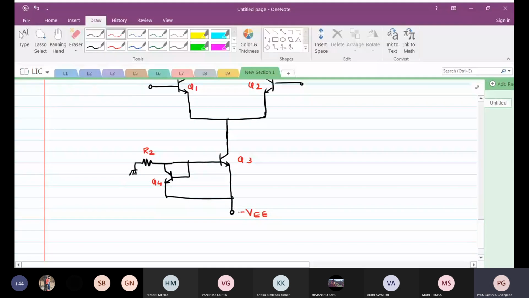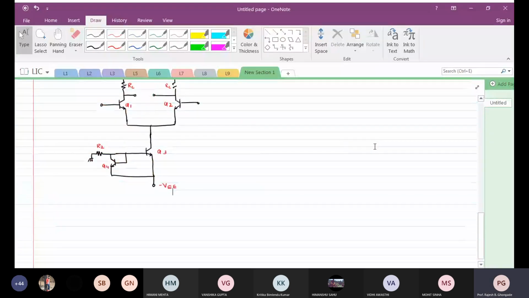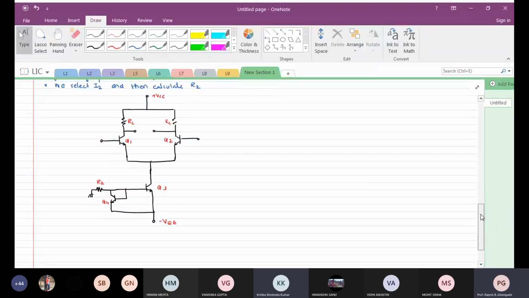You see the big picture now? So this is how we can have a good differential amplifier design.